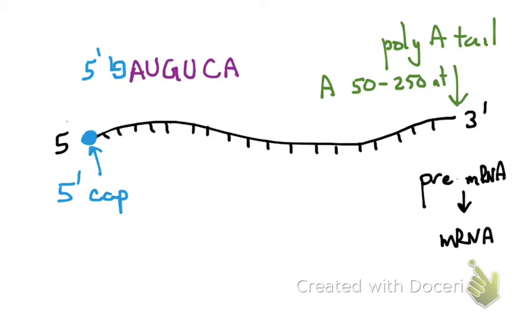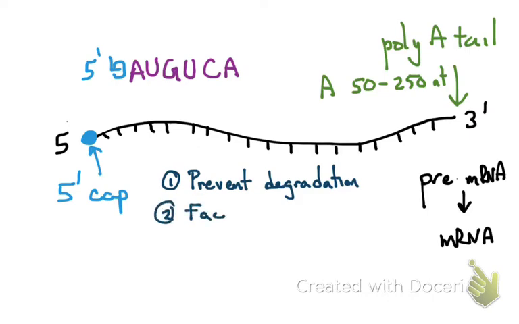Now, both the 5' and the 3' modifications that occur here are really important. In fact, both of them are required to help stabilize this mRNA and prevent it from degradation. In addition, the 5' cap and the poly A tail help to facilitate export from the nucleus.